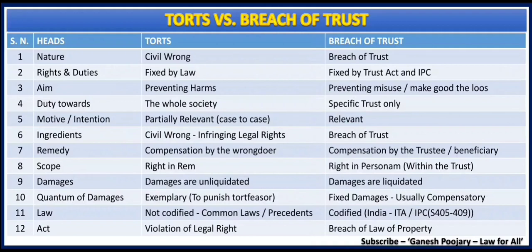Imagine A is the owner of a particular car and he is handing over that car to Mr. X with some purpose. X has to use that car for what A has told him or given it for.